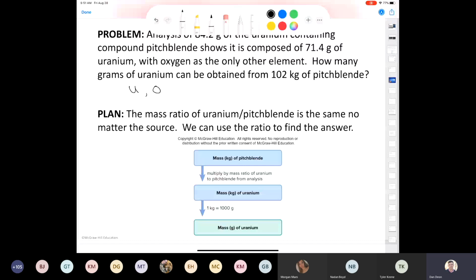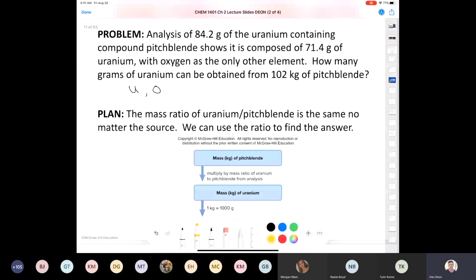Well, we know from the law of definite composition that we can measure the percentage of uranium in this compound because we have it in a sample that's given to us right here. Now my marker's getting in the way here, isn't it?